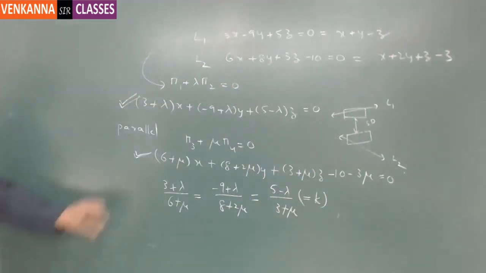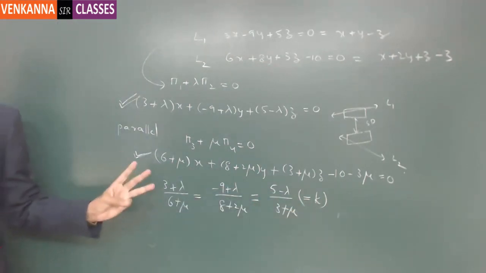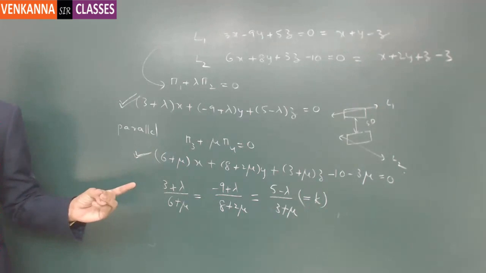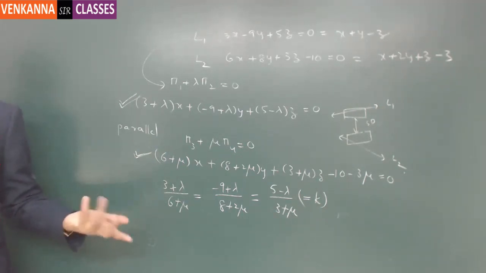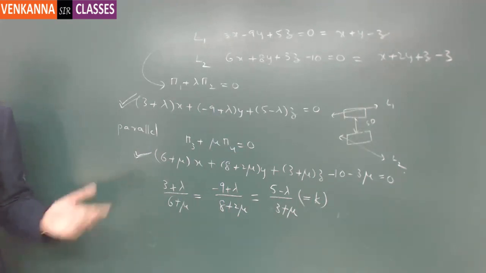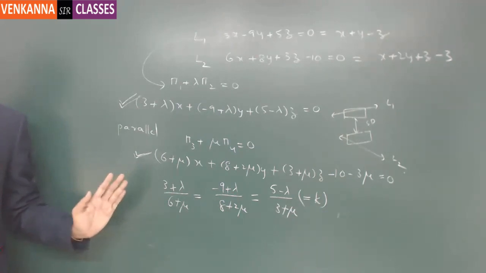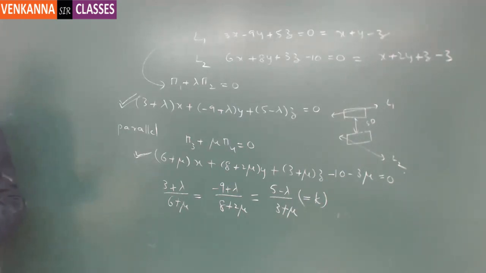If you equate each ratio with k, you will get three equations in lambda, mu and k. Then you can determine lambda, mu and k. Is it required for you to write the equations and solve them, or do you know the procedure already? Right. Then straight away I will mention the values.